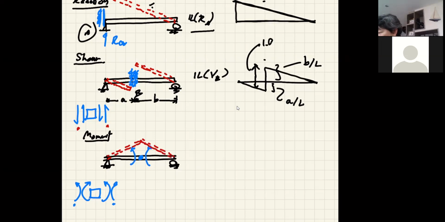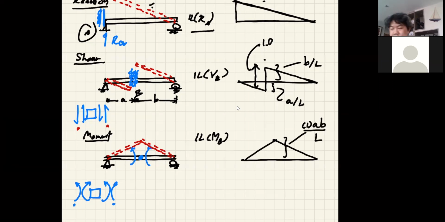So that becomes the shape of the influence line of the moment at B. Okay. And let's say if this hinge is anywhere, using the same A and B, the height of the moment right here, if it is created by the unit load, is PAB over L. The moment is 1 multiplied by A multiplied by B divided by L. Okay, it's not 1.